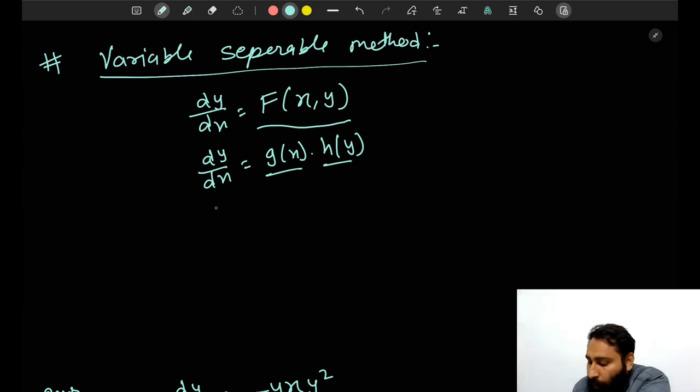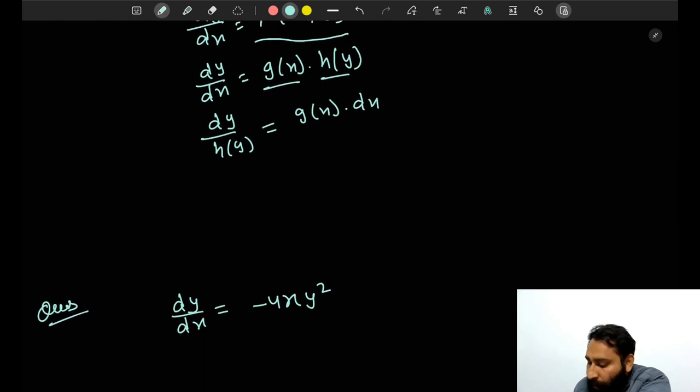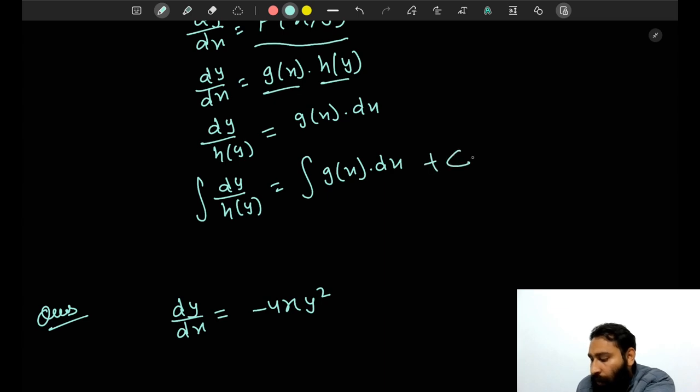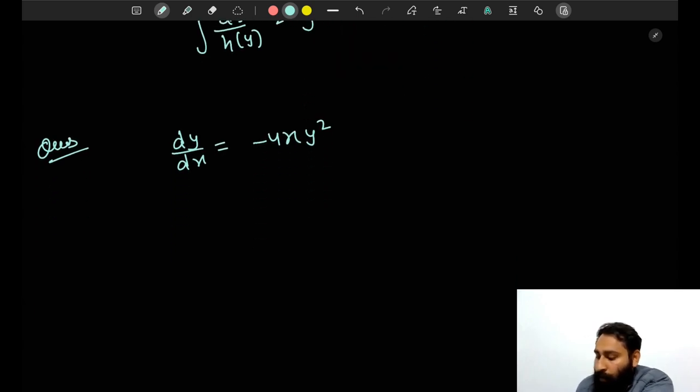So dy upon h of y is equal to g of x into dx. Integrating both sides, integration of dy by h of y is equal to integration of g of x into dx. This is the general method to solve variable separable questions.